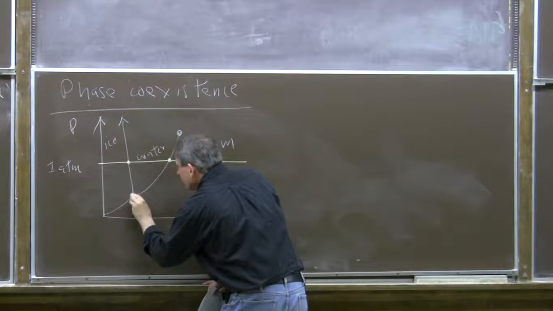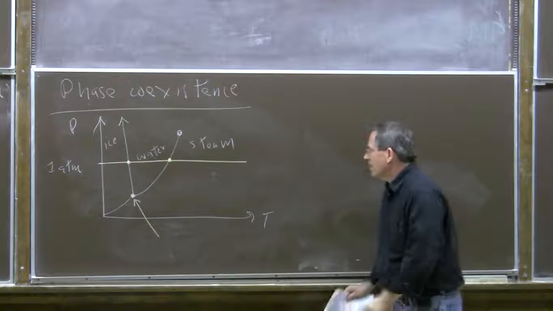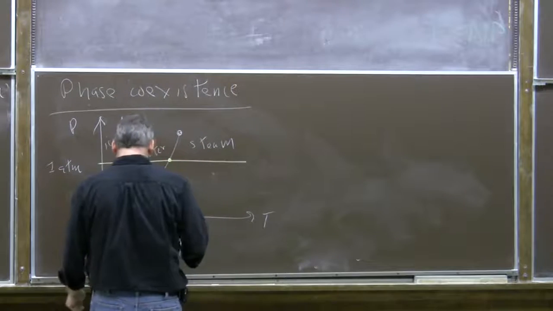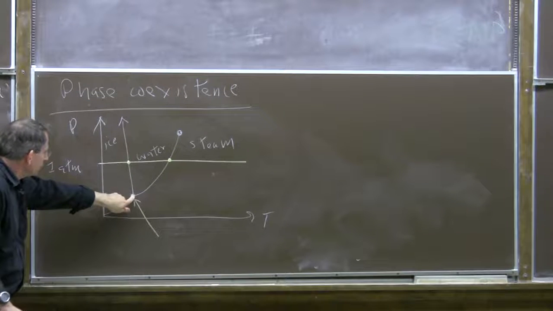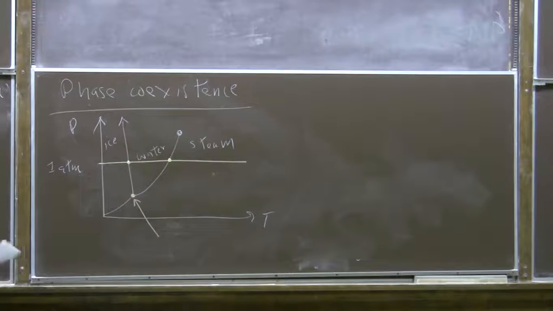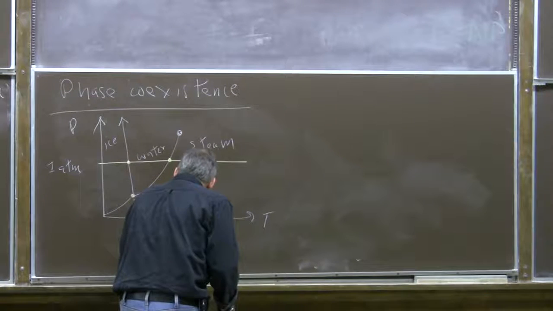But there are these 2 points that are special. Here we actually have 3 phases which can all coexist. We can have, at a particular pressure and temperature, ice, water, and steam all in stable equilibrium in contact with one another. And that occurs at one particular temperature.